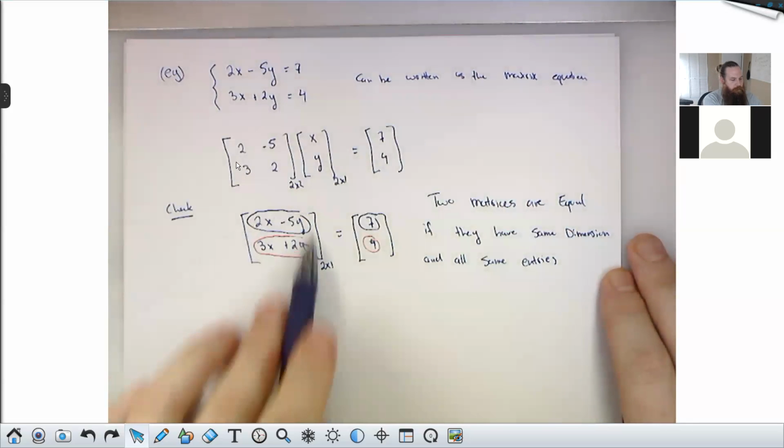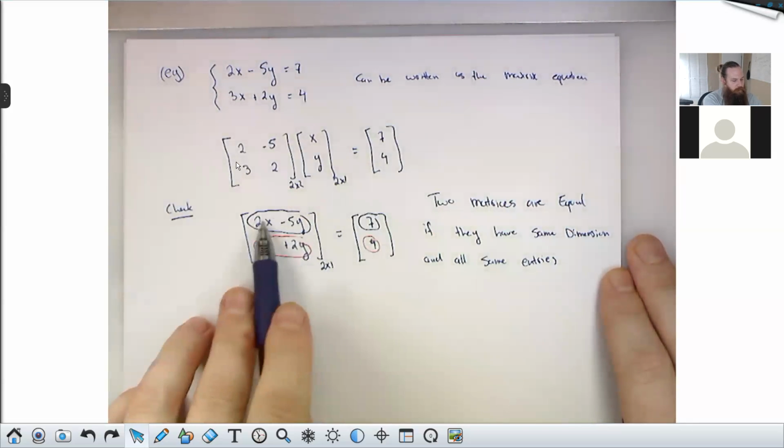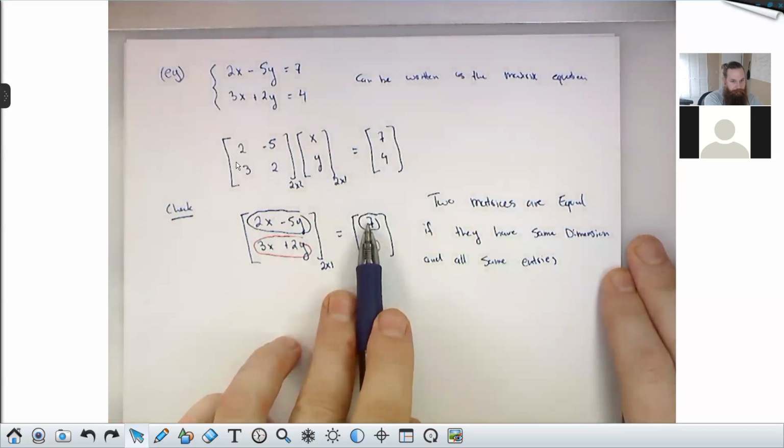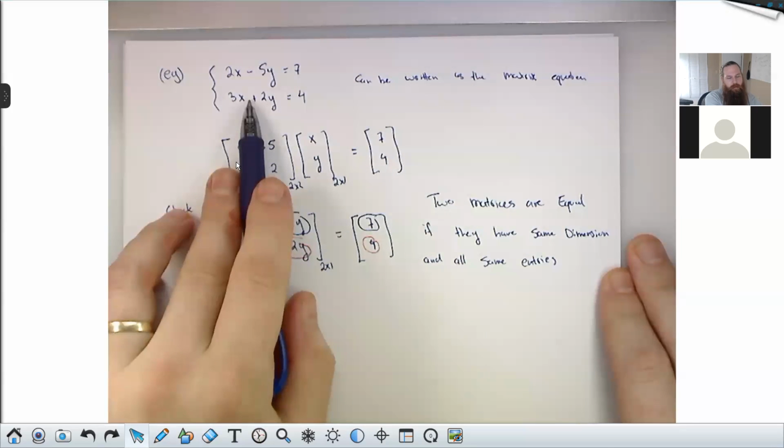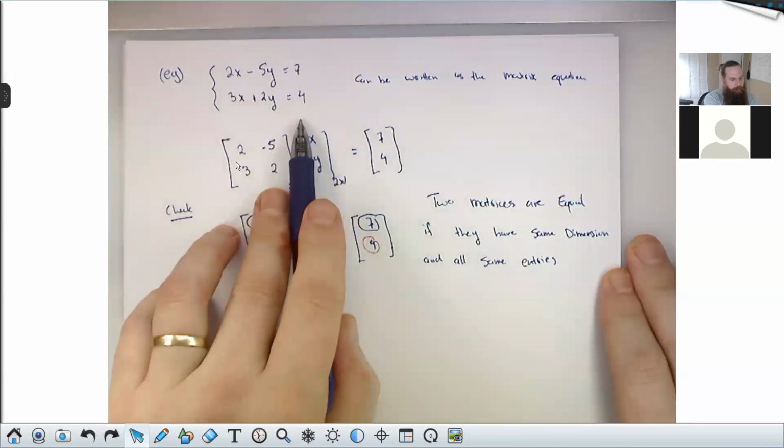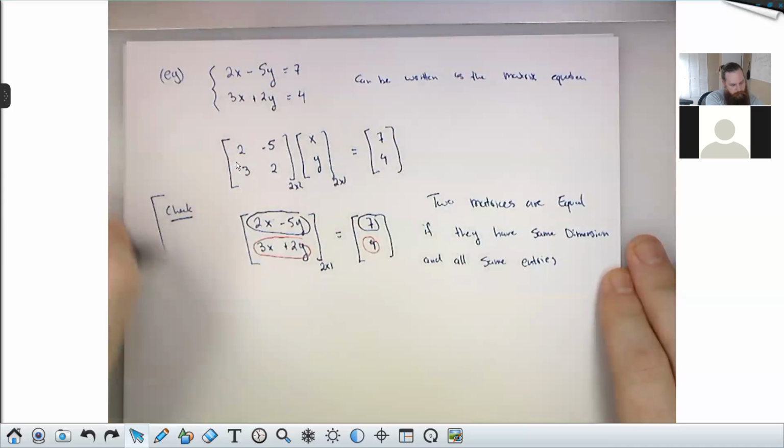So when I say that this matrix equals this matrix, I mean 2x minus 5y equals 7, and 3x plus 2y equals 4. But that's the same as the statement of this system. Okay.